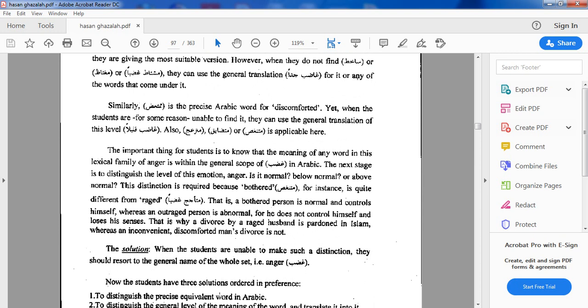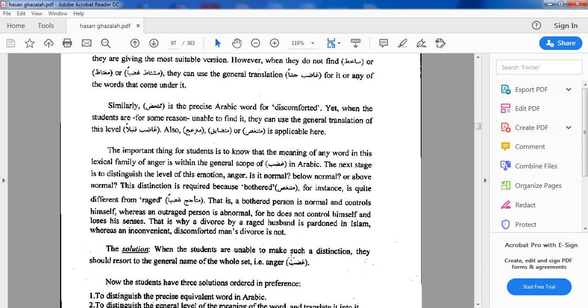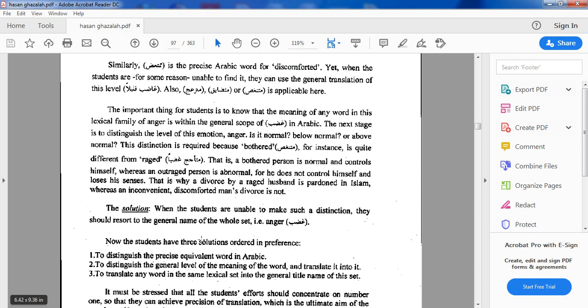When the students are unable to make such a distinction, they should resort to the general name of the whole set, that is anger. If you don't find it, you will resort to the main meaning, that is غضب. So in this case, you have got 3 solutions ordered in this order.